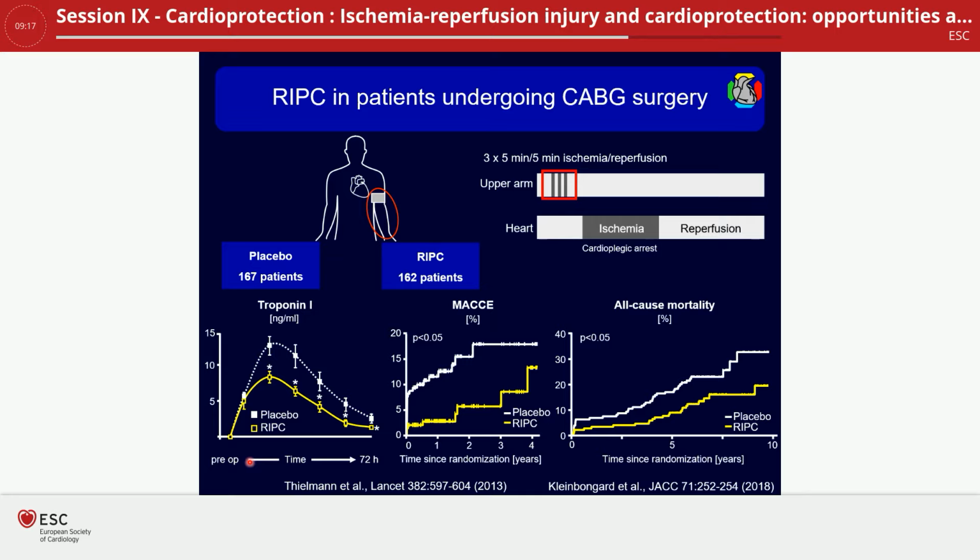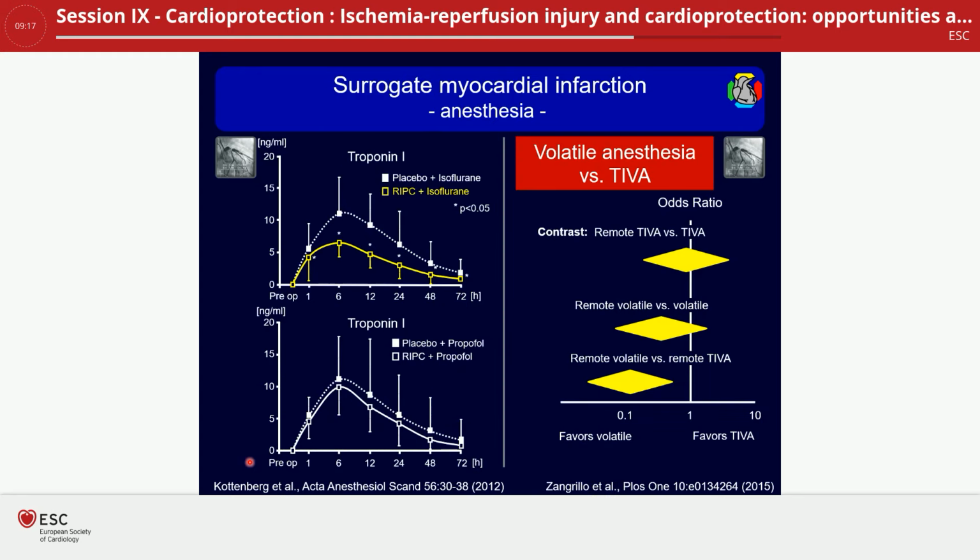And we could show that all-cause mortality from that single protective intervention during bypass surgery was significantly reduced even after 10 years. So it's a long-lasting clinical benefit that you can have from just a single cardioprotective intervention in this particular case. However, now comes the water in the wine.